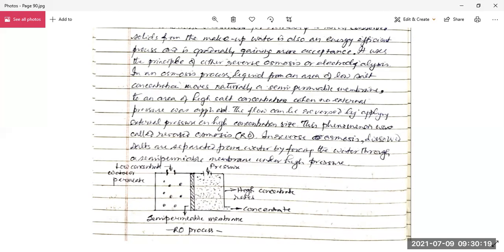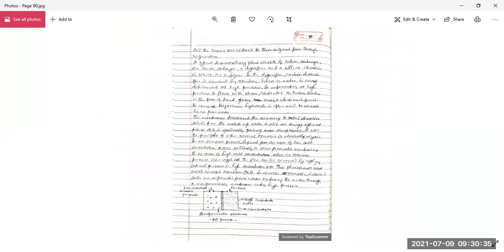Then, by its own action, with no external force, the water moves naturally through this permeable membrane towards the area of high salt concentration. This is the low salt concentration area, and this is the high salt concentration area.